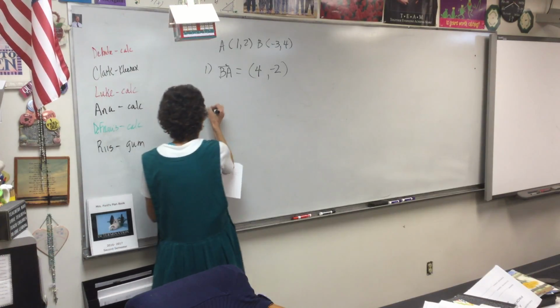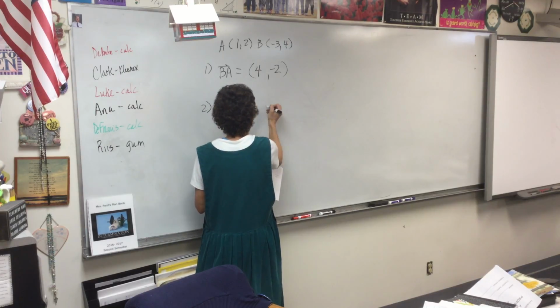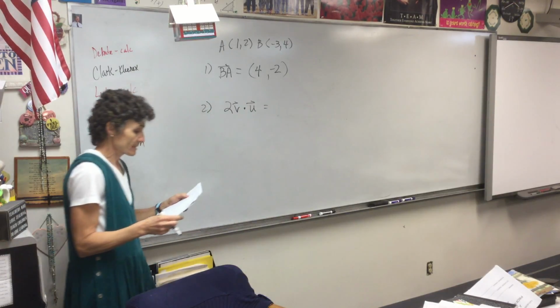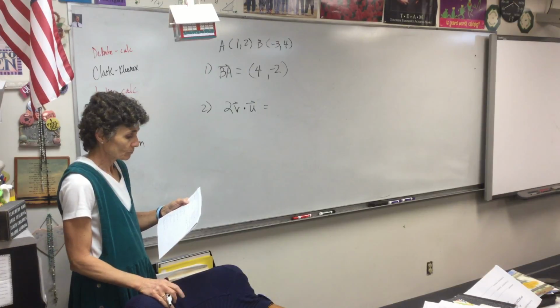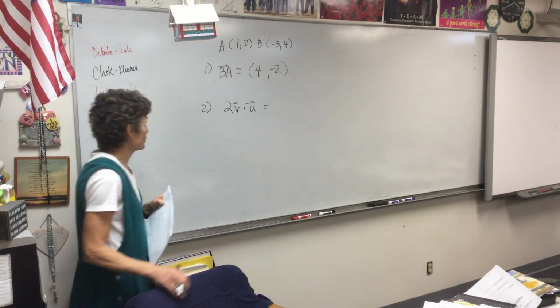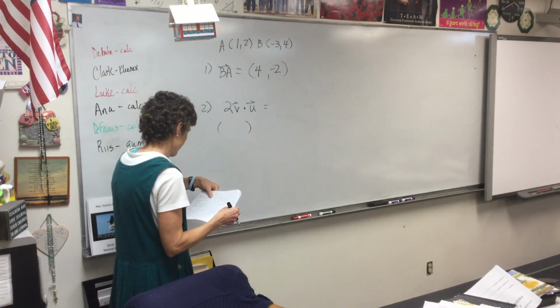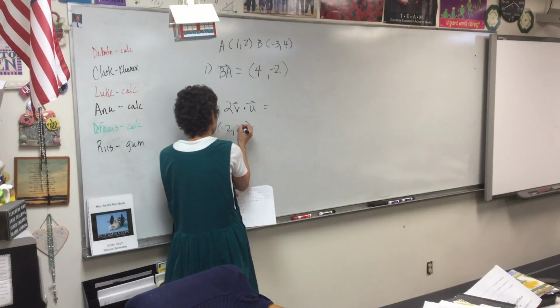All right, number 2: 2V dot U. So this is a dot product. Probably the first thing we ought to do is figure out what 2V is, right? What's 2V? -2, 6.